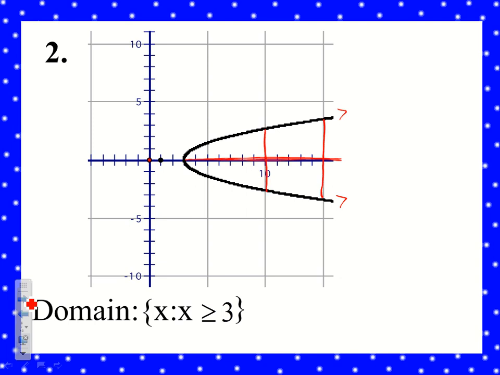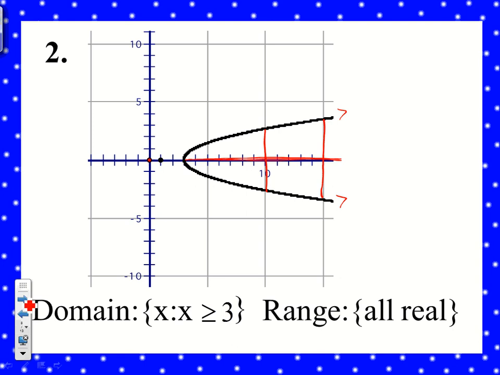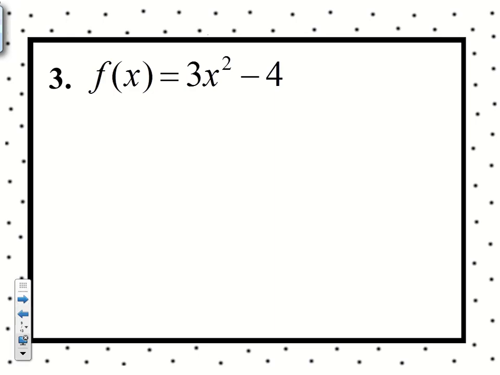Wider and wider. So my range would be all numbers, as it just gets bigger and bigger as it keeps extending. Alright, so for this one I will definitely go to the calculator to do this, okay?